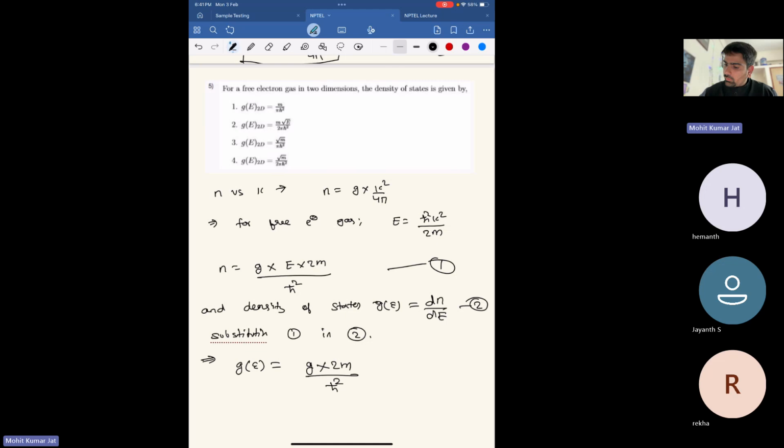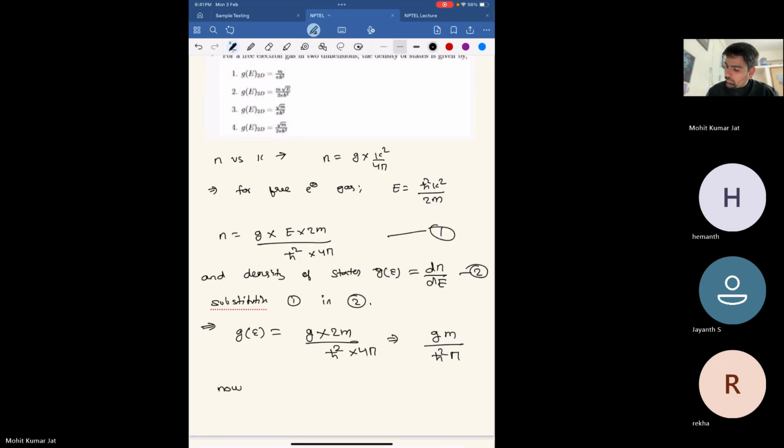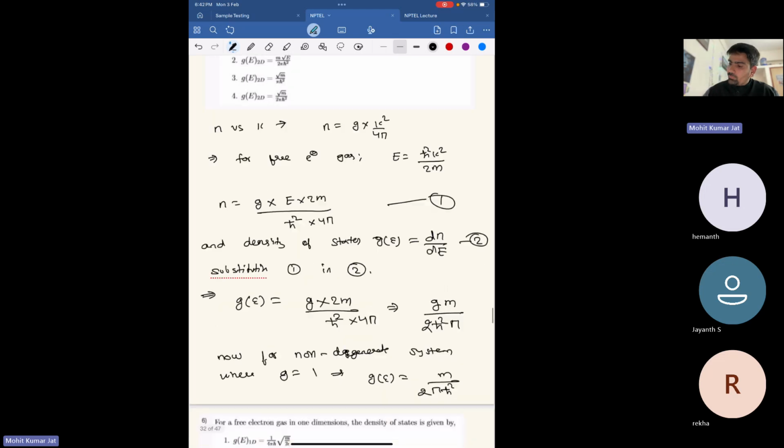Okay, this 4π I forgot to put, and this 4π will also come. So this will make it g times m by ħ²π. Now for a non-degenerate system where g equals 1, g(E) will be m by 2πħ².